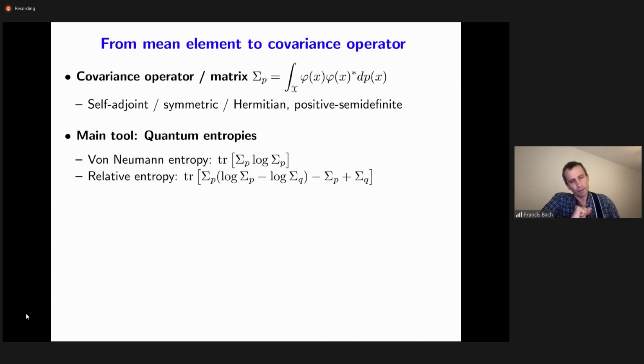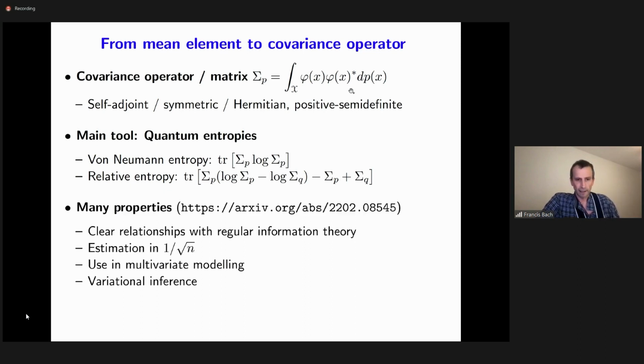In fact, we will use quantities coming from quantum information theory. We'll start with the von Neumann entropy, which I will define precisely later, the trace of sigma P log sigma P, and the associated relative entropy. And once you use those quantities with that definition, things start to be interesting.